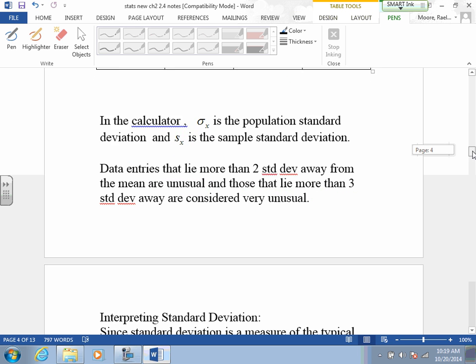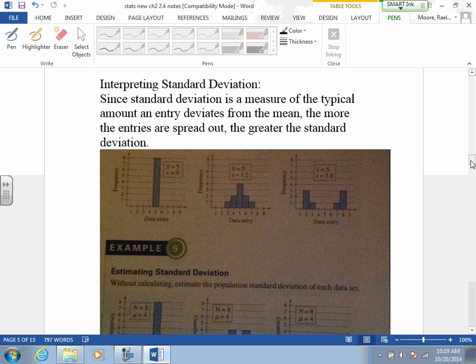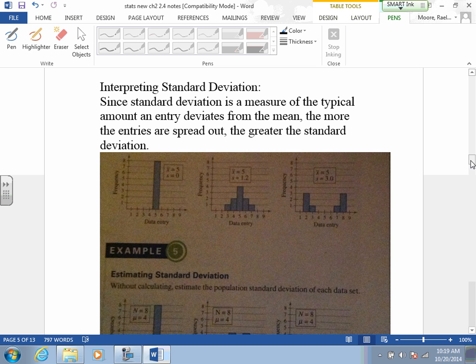Now, interpreting your standard deviations. This is a little hard to see, so if you look at your book, it's page 87. This is really, really important.